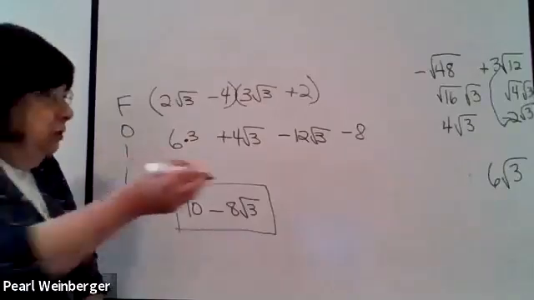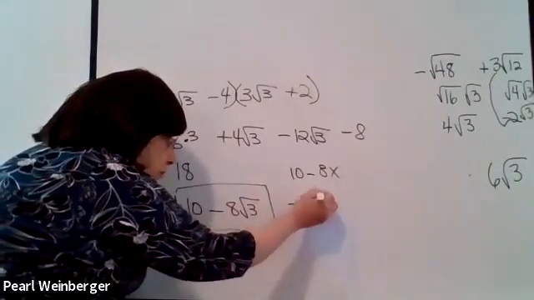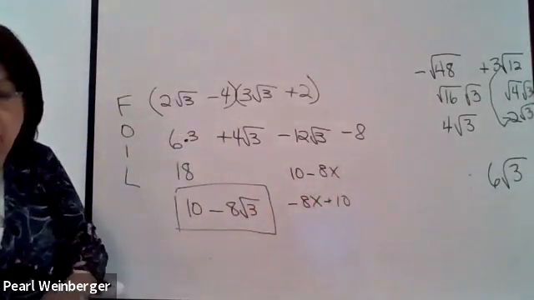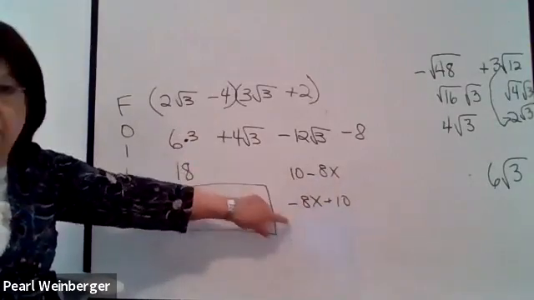Okay, good. Let me ask you this question. Does it make a difference if I write 10 minus 8x or -8x plus 10? Are these two things the same thing? Sure they are. So it's the same thing.